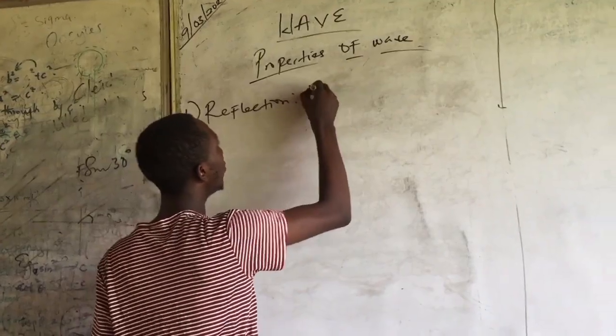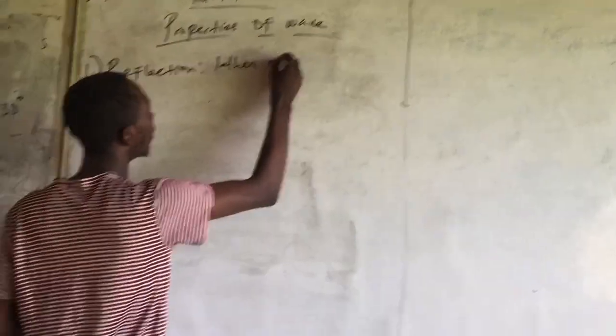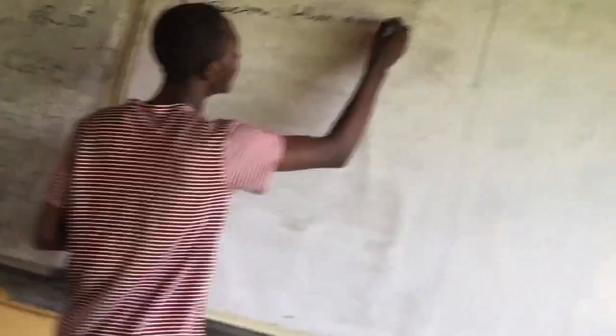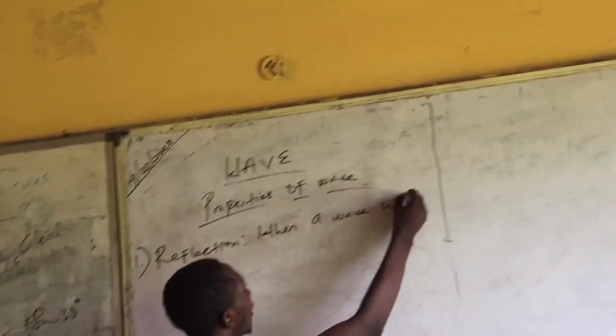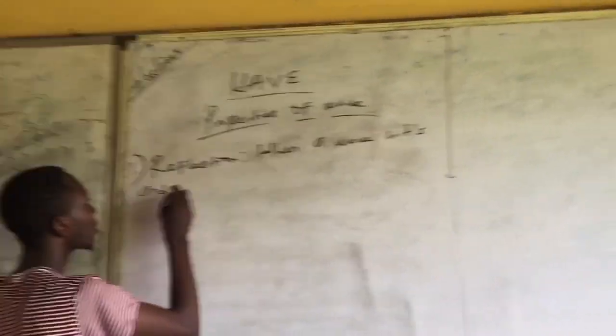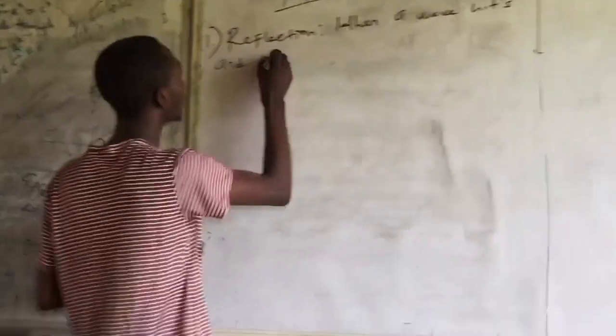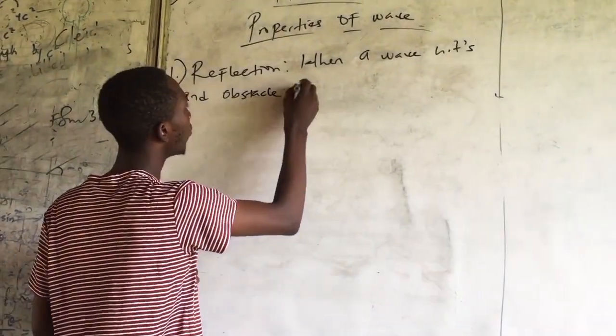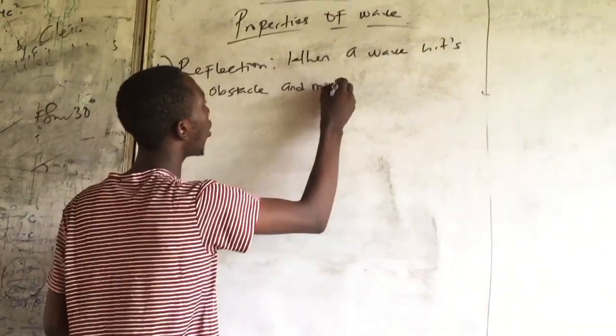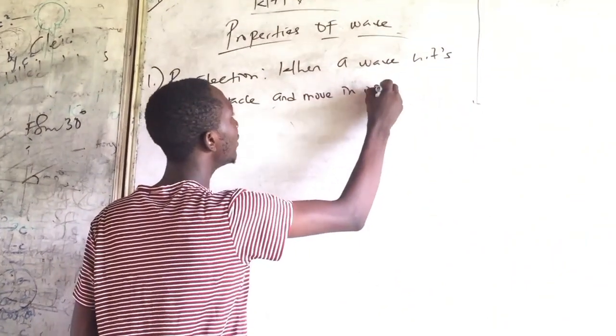So reflection is when a wave hits an obstacle and moves in opposite direction.